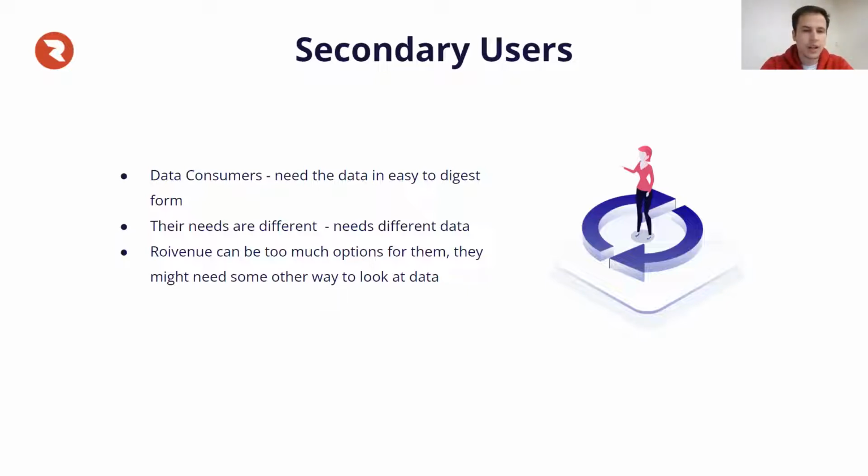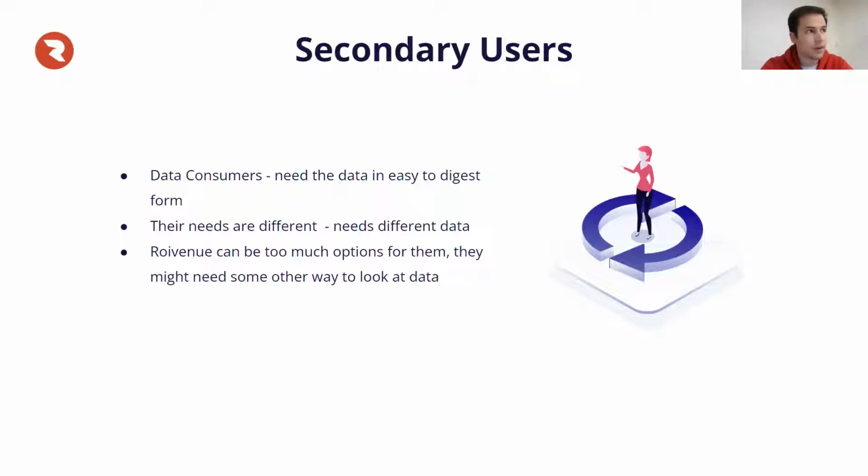They also might need a different kind of data. Let's say they might need some special details about it. They might need an entirely different type of data. And going directly into Roivenue is probably not an option for them, because it offers too many details, too many options.